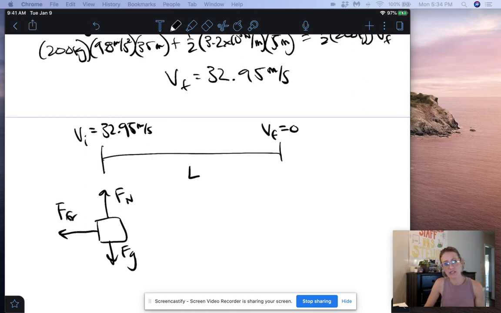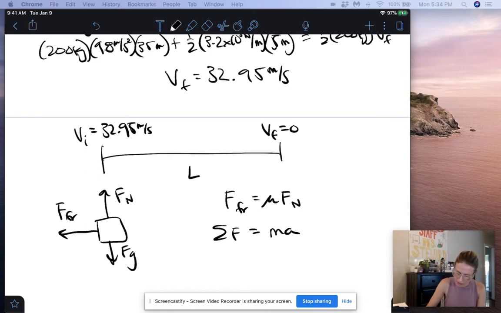So the force of friction is the thing that is causing that negative acceleration in this case. We know force of friction is equal to mu times the normal force. This is the only force that's causing that acceleration, so this is what we're going to plug into our net force equation.